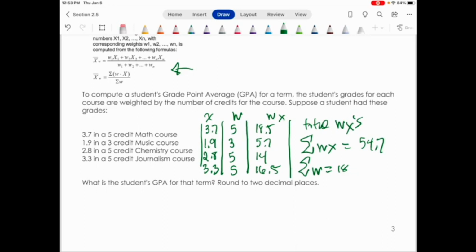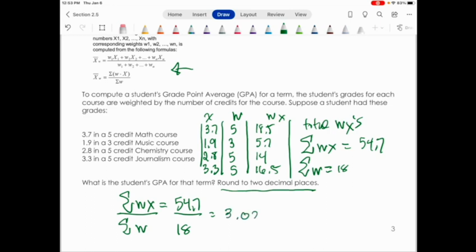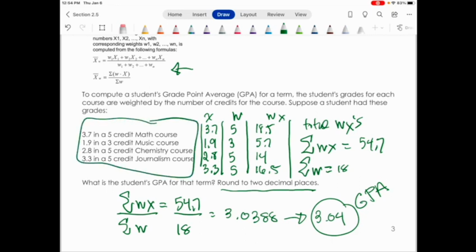So to find the GPA, I'm going to take the sum of all my products, which we said is 54.7, and I'm going to divide by the sum of my w's, which is 18. It says to round to 2 decimal places, and when you do that, you get 3.0388, and then when we round to 2 decimal places, that gives me 3.04. So there's the GPA calculated for this semester with these grades.